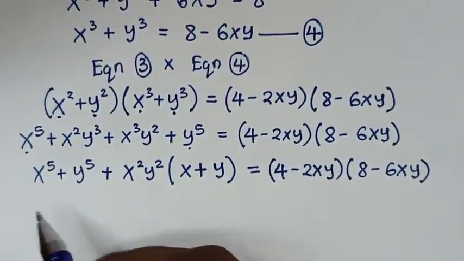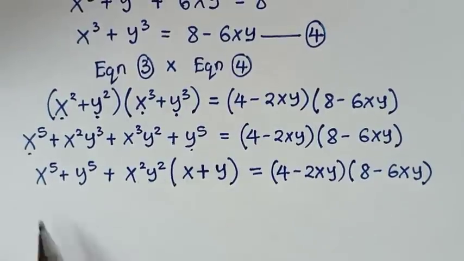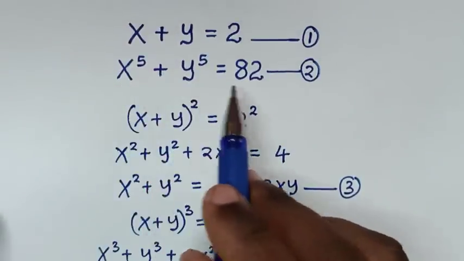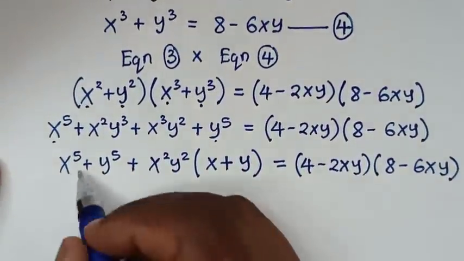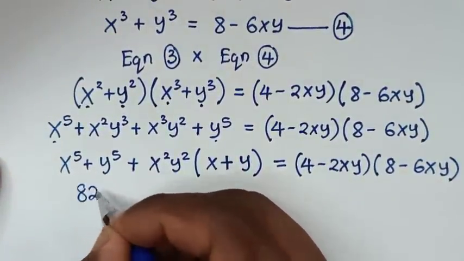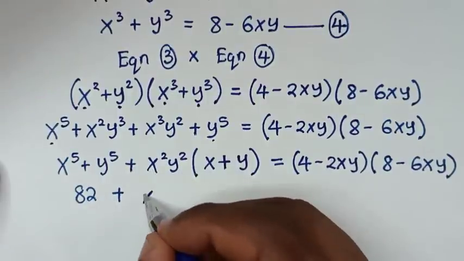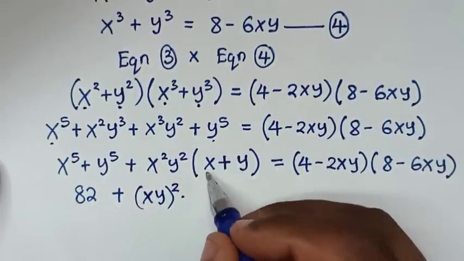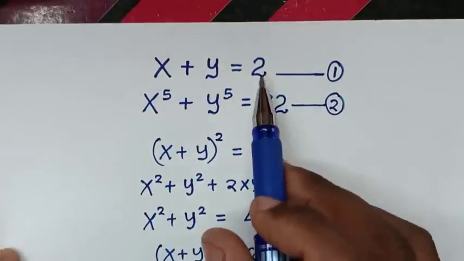Then in the next step, here x power 5 plus y power 5 is from equation 2, which is 82. So here we substitute 82, then plus x square y square, which is the same as xy bracket square, times x plus y, which is from equation 1, which is 2.